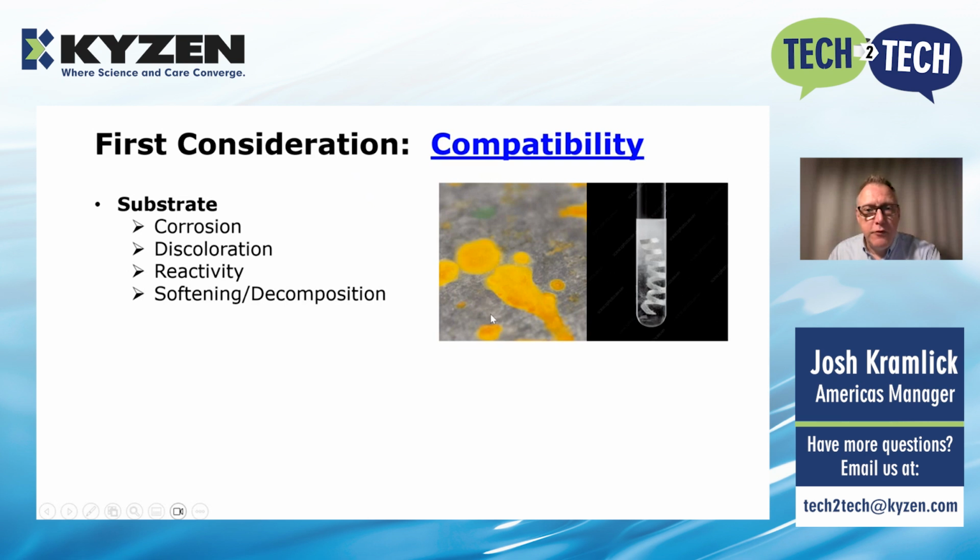We could also have issues with reactivity. For example, if we're machining magnesium or titanium components and cleaning them in a water-based solution, there's a potential risk there. Softening and decomposition are more common concerns with thermoset or thermoplastic materials, where the cleaning chemistry can actually degrade some of those properties like durometer or something similar.